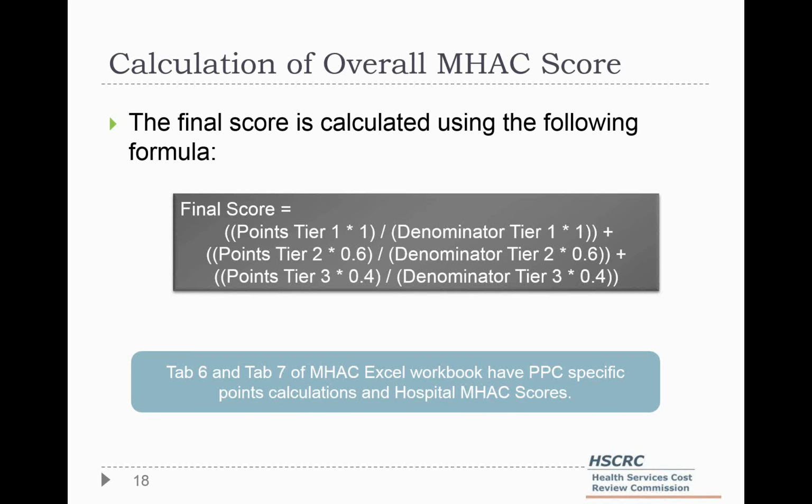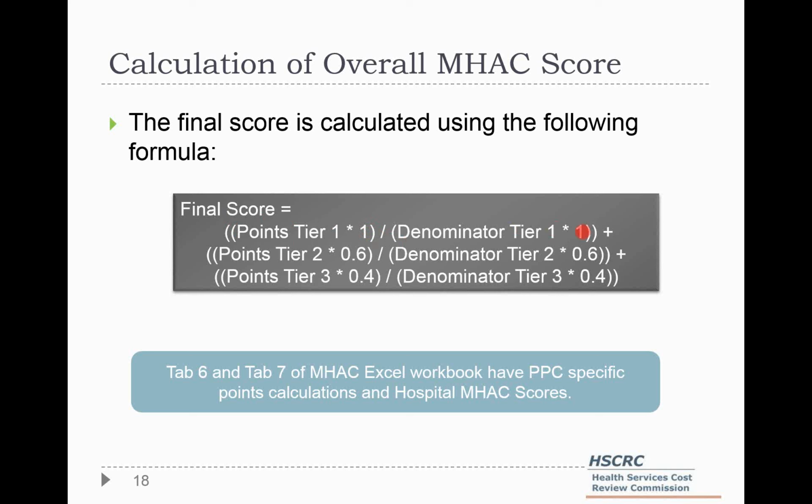So this slide then tells you how to calculate a hospital's final score. You essentially take the number of points that somebody scores in Tier 1. So, all 20 PPCs, you could score a maximum of 200 points, 10 times 20. So you take the number of points they score in Tier 1 and you multiply it by the weight, which for Tier 1 is 100%, so it's just 1.